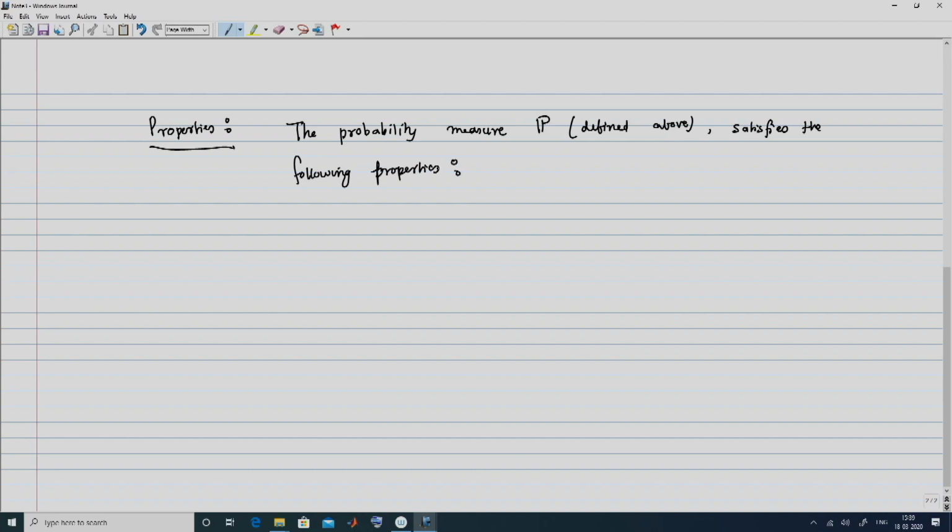The first property is that for all A in omega, that is all subsets of omega, the probability measure of A will lie between 0 and 1, both included. Here I make a note that all such A which are subsets of omega are henceforth going to be called events.